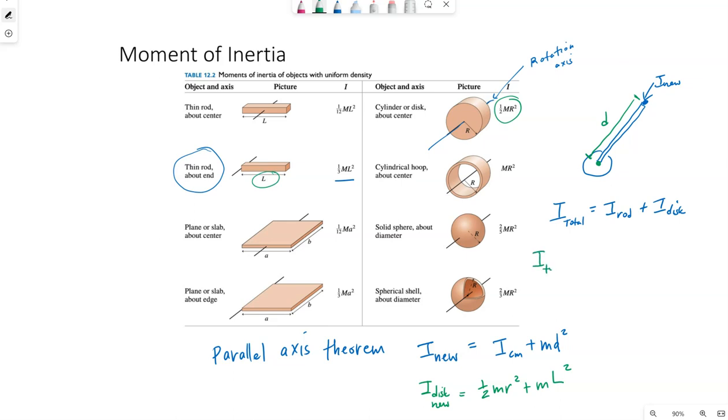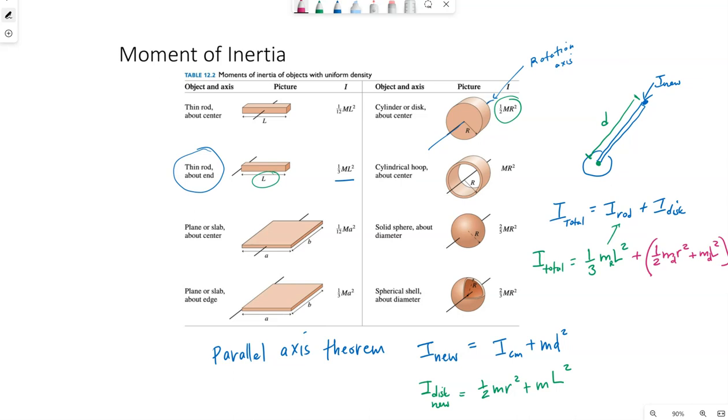So the total I of this system, we would have 1/3 mL squared, where this m is the mass of the rod. So the 1/3 mL squared represents the rod itself. And then the disc, we had to use the parallel axis theorem because we shifted the axis. And so this would be the total I.